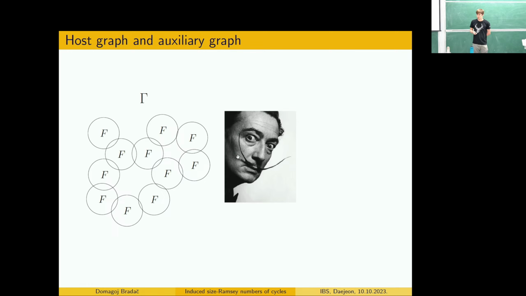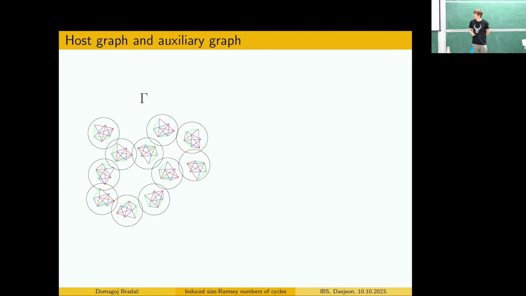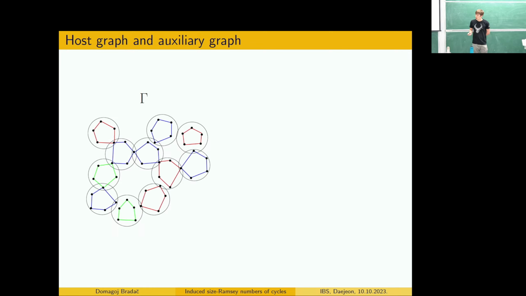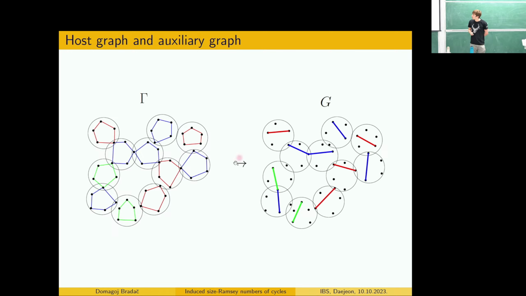Now, the adversary comes and gives you a coloring of this graph. In each gadget graph, by definition, we can find a monochromatic 5 cycle, which is an induced subgraph. Maybe you find many, but you just take one and take exactly one pair of vertices which are not adjacent.